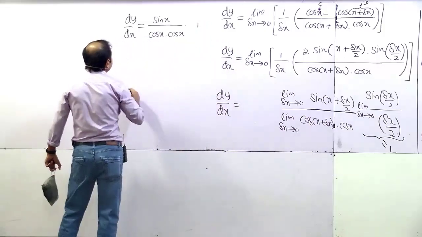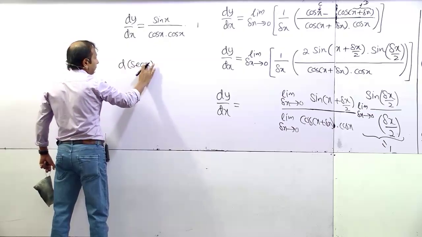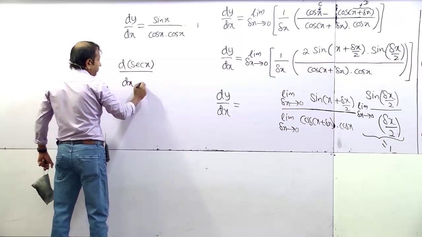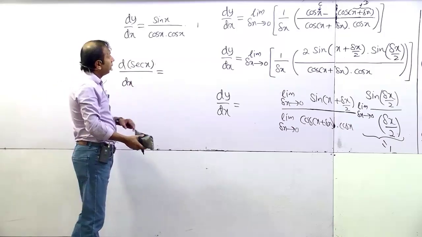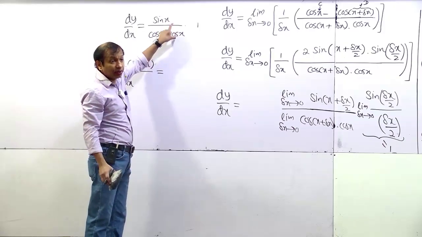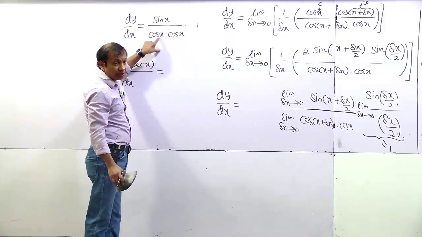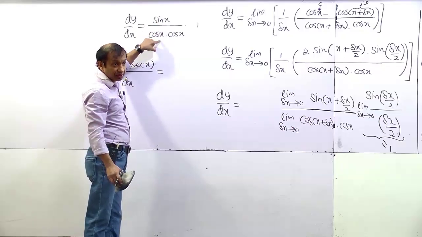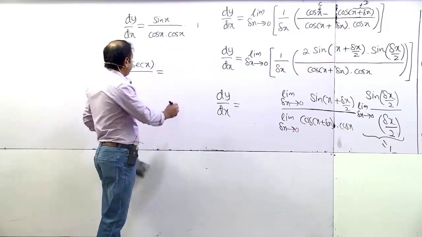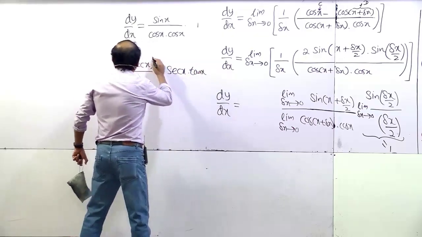Okay. Now, our y is sec x, so dy over dx. Now this sin x and this cos x, when you take together, sin x by cos x is tan x. This other cos x is now 1 over cos x, 1 over cos means sec, then we get sec x and tan x, sec x tan x. This is the derivative of sec x.